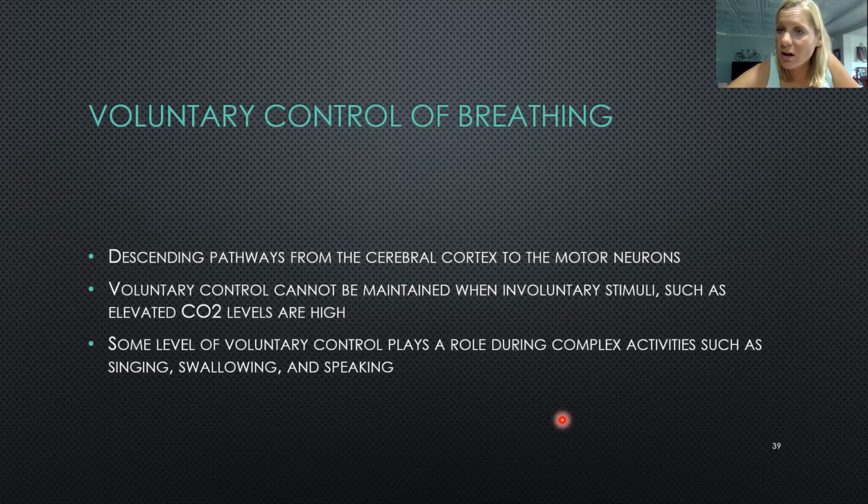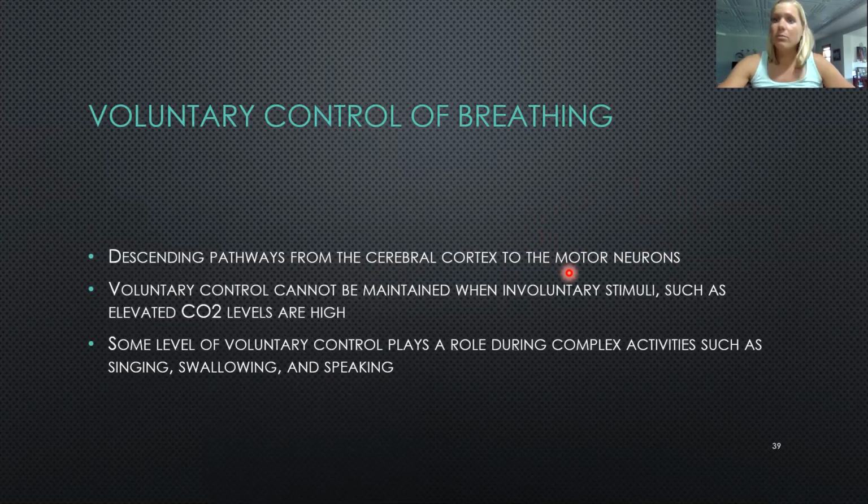There are certain scenarios such as swimming, for example. I can't just breathe whenever I want all willy-nilly if I'm swimming, so I need to have some voluntary control over breathing. Okay, so I am going to have some descending pathways from the cerebral cortex to those motor neurons, which can allow me to modify breathing to meet those needs.